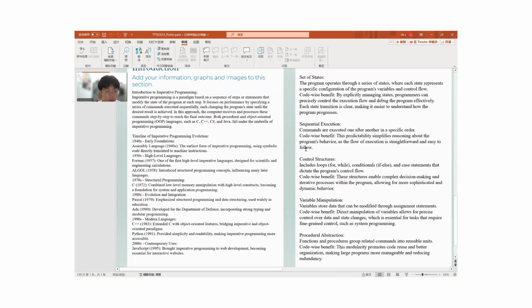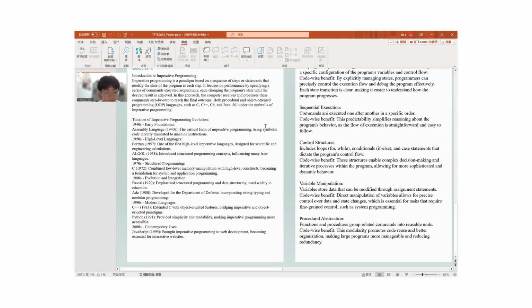Then, timeline of imperative programming evolution. 1940s, early foundations. Assembly language, the earliest form of imperative programming, using symbolic code that directly translates to machine instructions. 1950s, high-level languages.